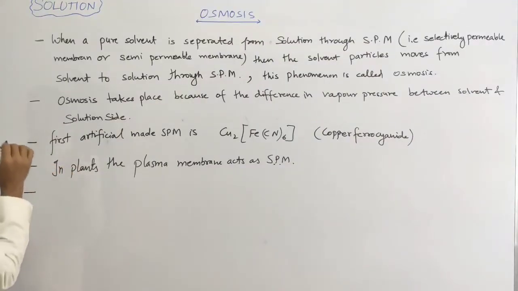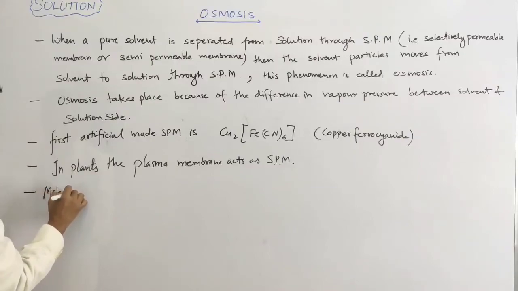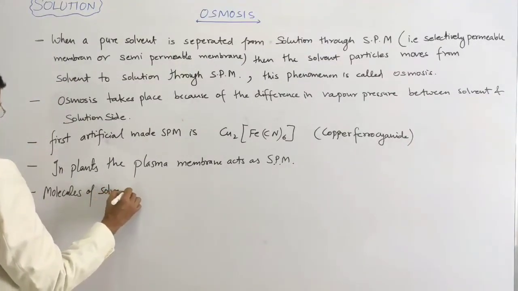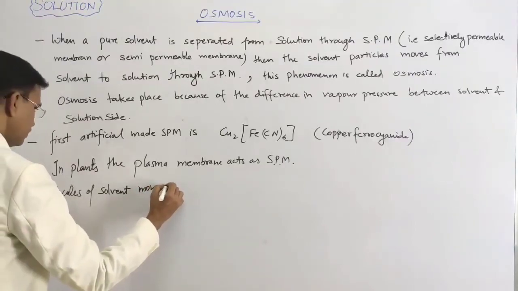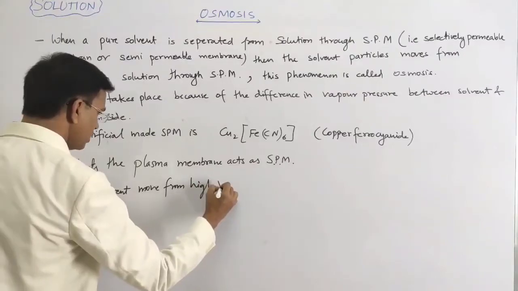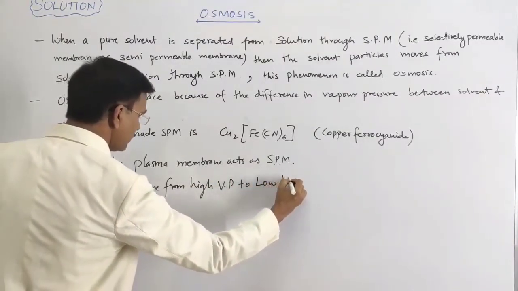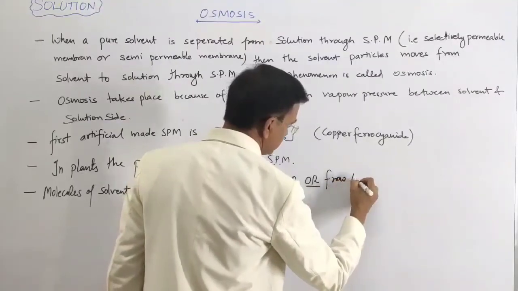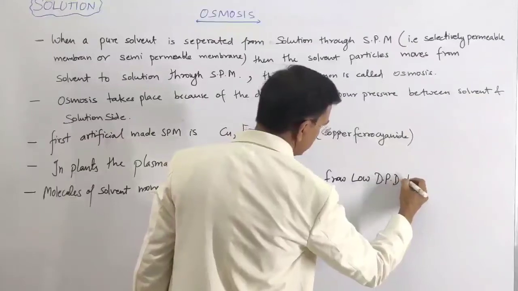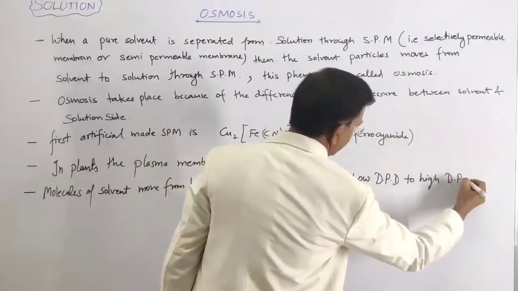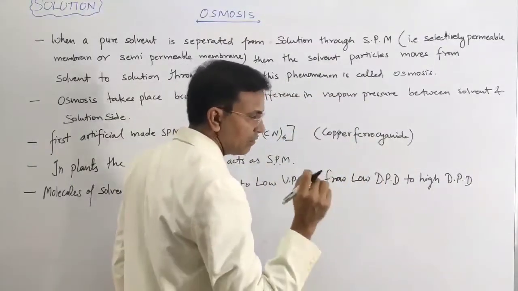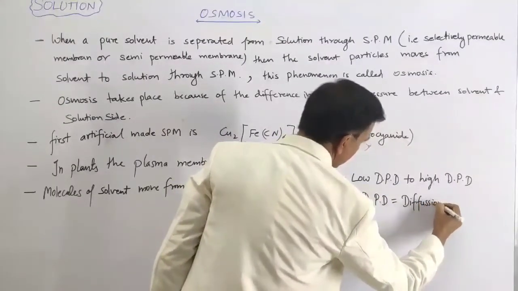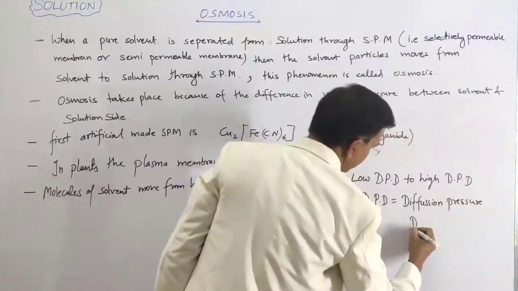Now the next is, molecules of solvent, it may be water, move from high vapor pressure to low vapor pressure, or you may say from low DPD to high DPD. DPD is diffusion pressure deficit.